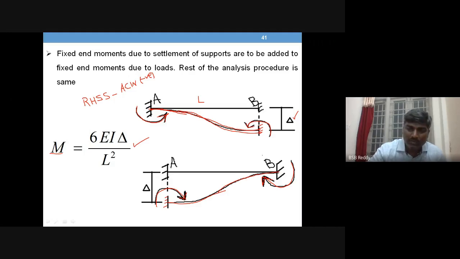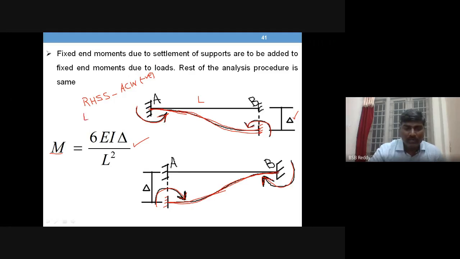The clockwise moments at A and B make the beam deform in this manner, which is the suitable deformed shape. So you see the same value 6 EI delta by L square, but clockwise moments are developed.